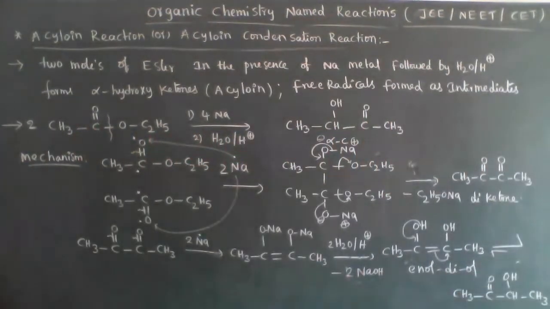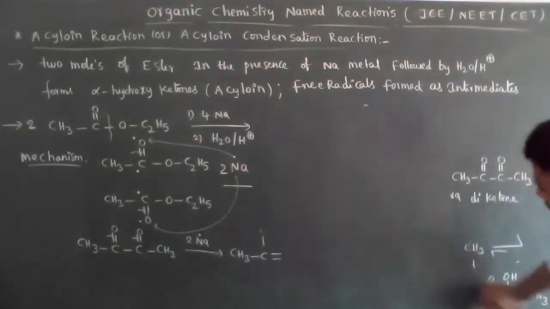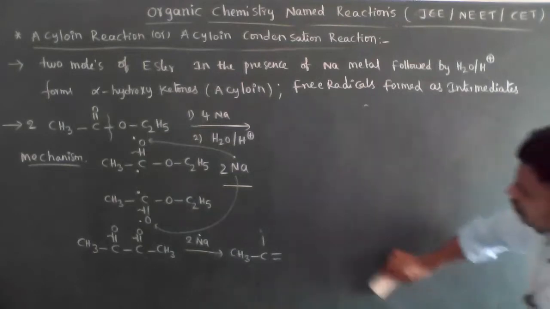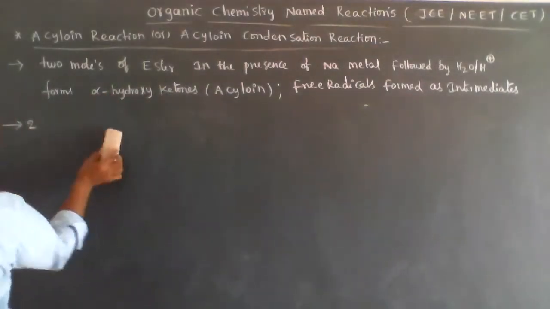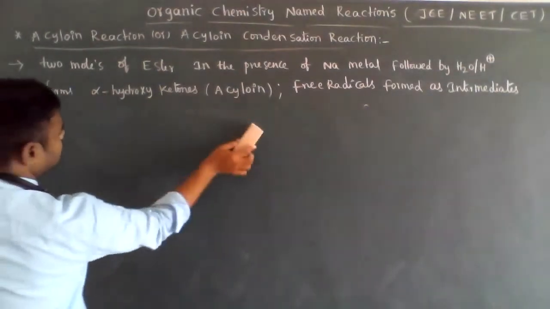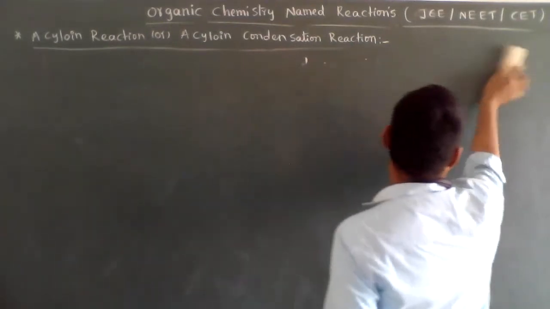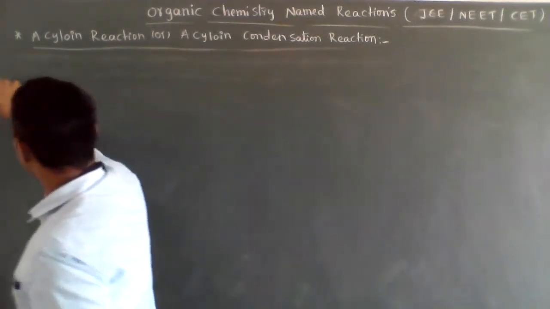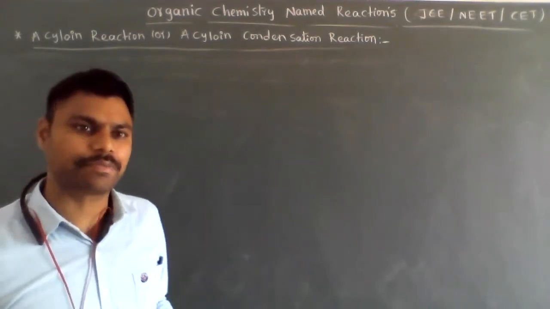It's very, very important. Okay, see some applications related to this reaction. For example, when 2 ester groups are present in one molecule, the reaction is known as an intramolecular acyloin reaction, and we get a cyclic product.